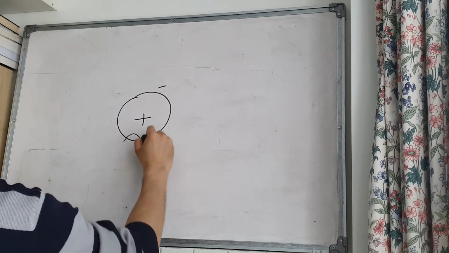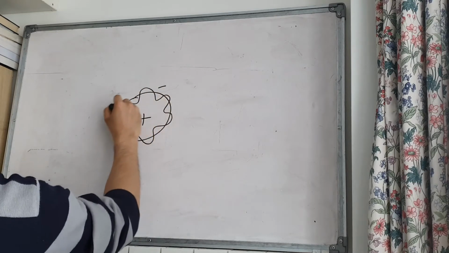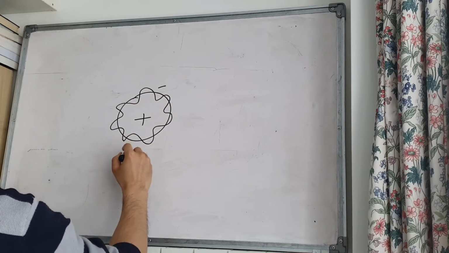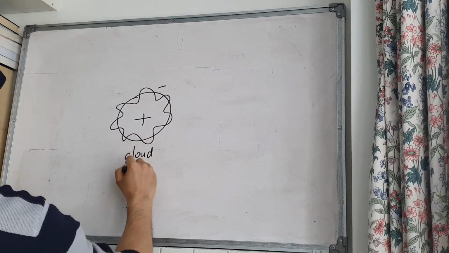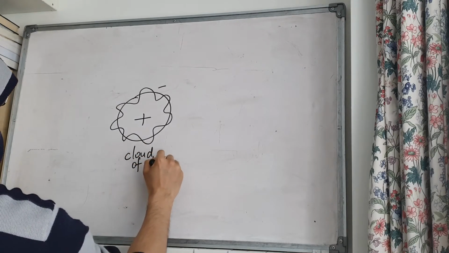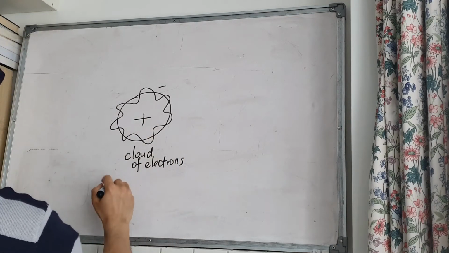Now we're going to use the wave model. So the wave model is where there is a cloud of electrons. Now normally it is symmetrical.